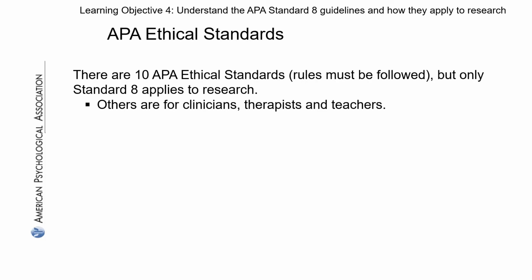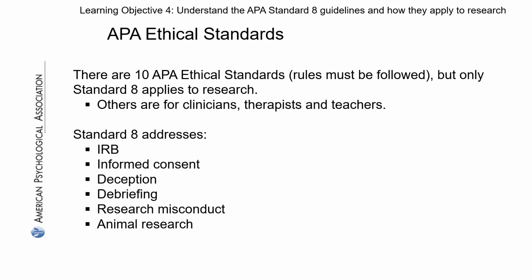Again, there are these 10 standards. The rules must be followed, but only Standard 8 applies to research. And it specifically pertains to things like the IRB, that institutional review board, the group who decides if research is ethical or not. People who are on this IRB, you must have someone that's specific for animal research. You must have researchers.